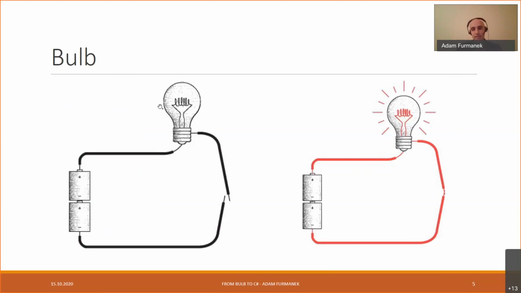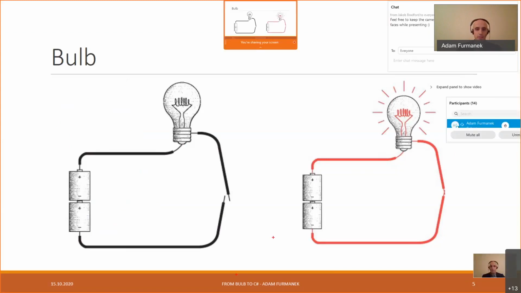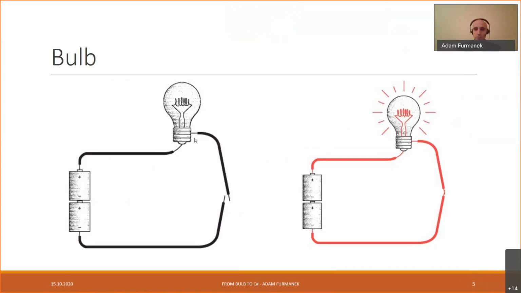And we have a light switch, like a light-emitting bulb, which can be either in the on or off state. So this is where we start. In this wire we have the ability to open the circuit or close the circuit. So we can control whether the light is turned off or on just by connecting two pieces of wire together.